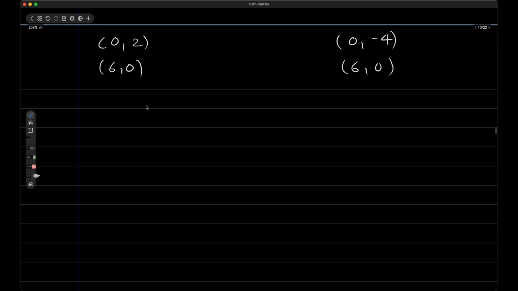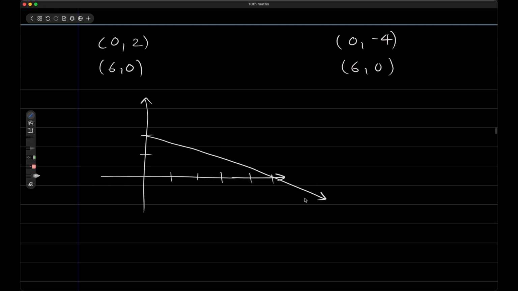Now let us plot the lines on the graph. First point is x equals 0 and y is 2, and second point is x equals 6 and y equals 0. This is line 1.